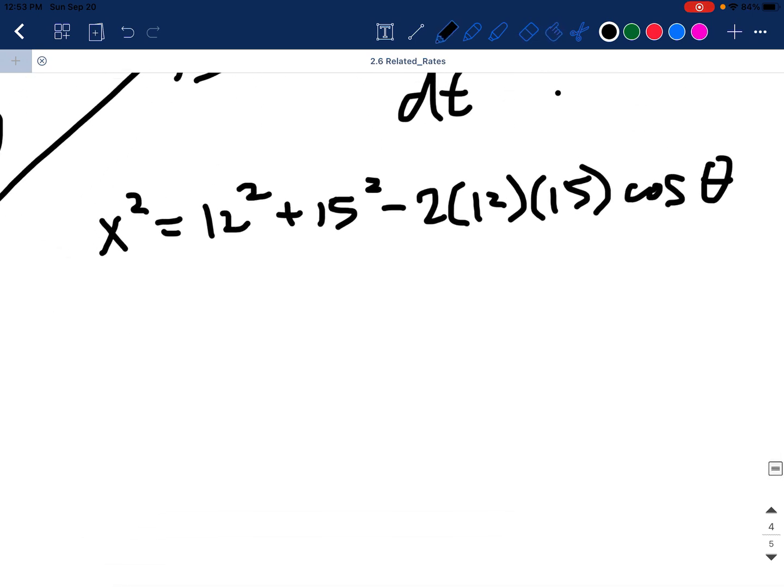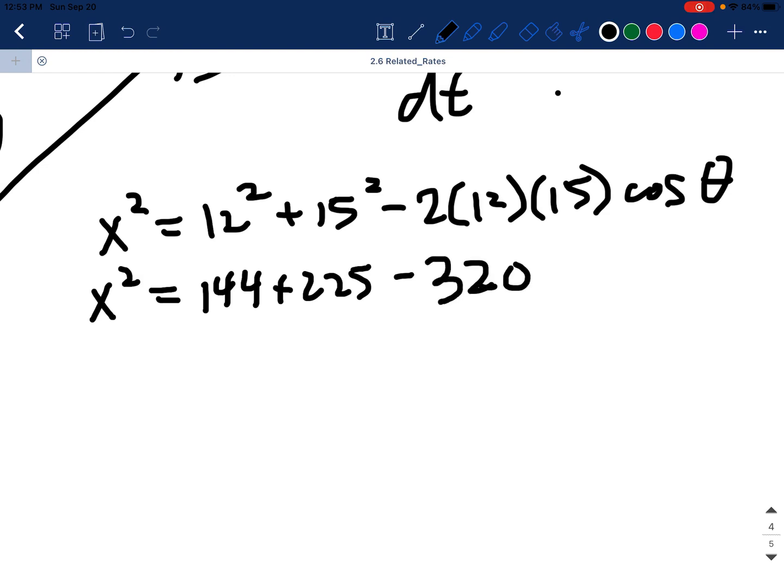So the third side length is going to be the moment when theta is equal to 60. So we'll get that x squared is equal to 144 plus 225 minus 12 times 15 is going to be 144 plus 36. So 160, 320, I believe. And then cosine theta is pi over 3. So that's going to be 1/2.